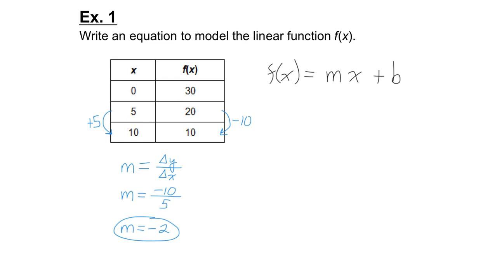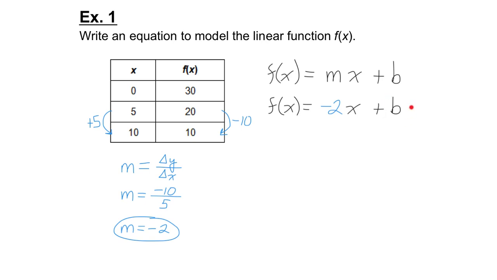Well, the first thing I'm going to do is find the slope. So I picked two rows on my table. I found the change in y, I found the change in x, and I used those numbers to find the slope is -2. So if I update my equation, I know it's going to be mx plus b. m is the slope. I know it's -2. So now I have f of x equals -2x plus b.